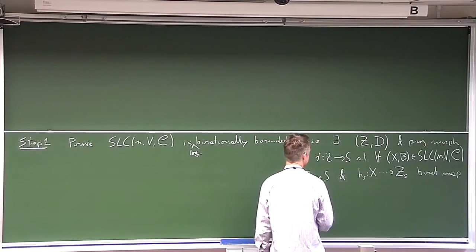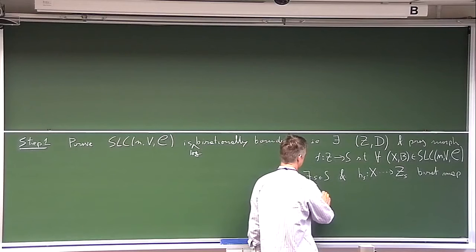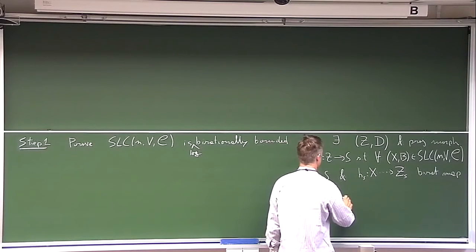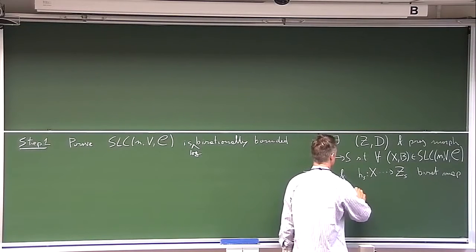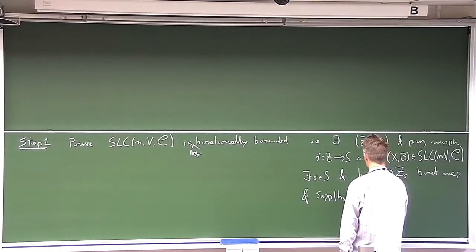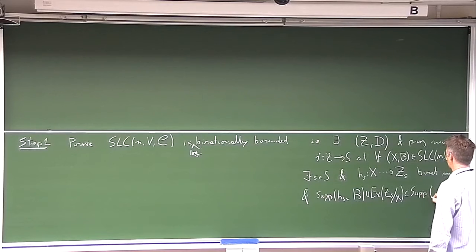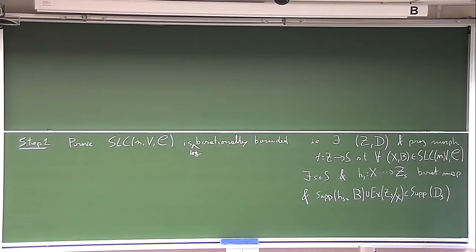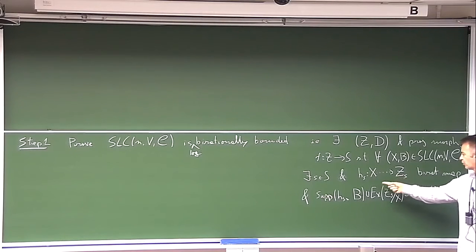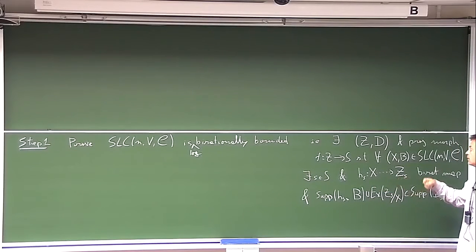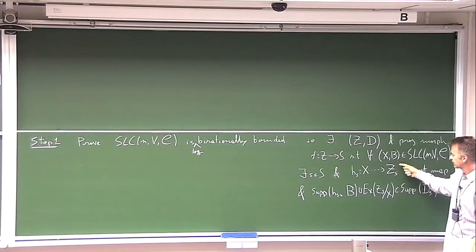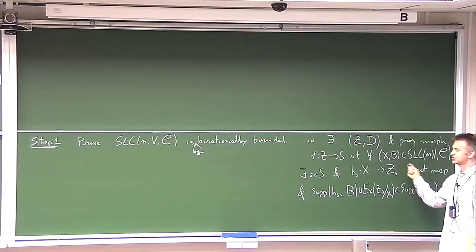And you want that under this birational map, the support of the push forward of this boundary divisor B, union with the exceptional locus for H_s inverse, so let's just say for Z_s over X, is contained in the support of this divisor D. So this divisor on Z has to keep track of whatever the push forward of B is on Z. Not only that, but also whatever divisors you have that are exceptional for Z_s over X, or whatever divisors are extracted by this map.